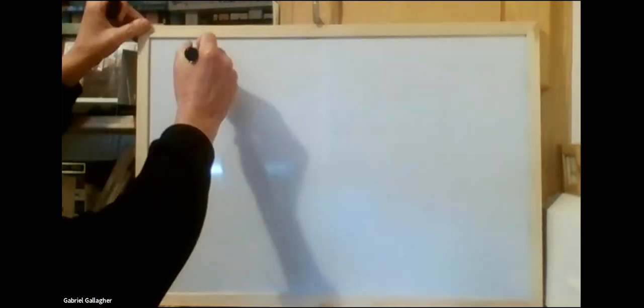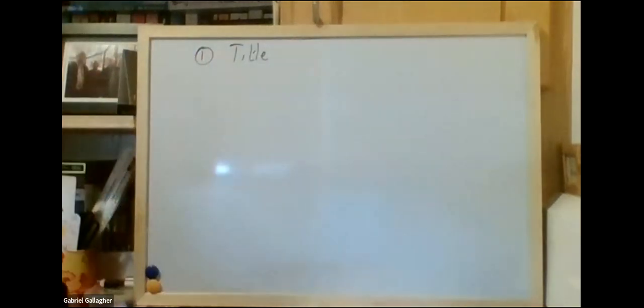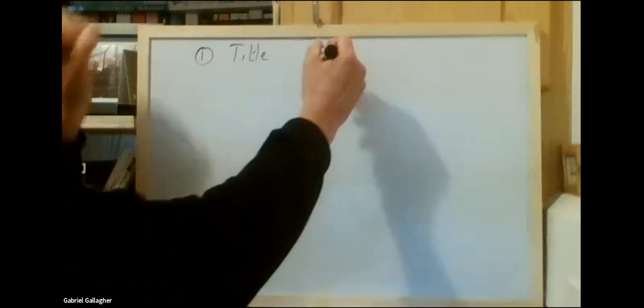So what do you put in a report? I'm going to emphasize that a report can be quite brief. It doesn't have to be hugely long, but it does have to include all the information you need to include. So the first thing you need is a title. What's the name of the experiment? That will be on the booklet, so you don't have to think about that.